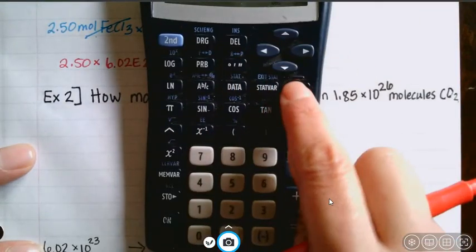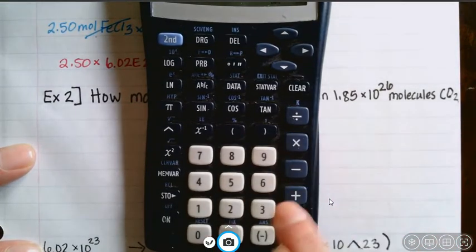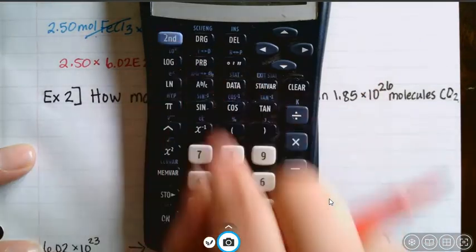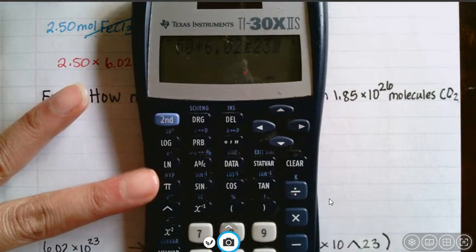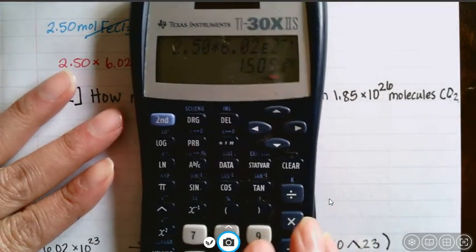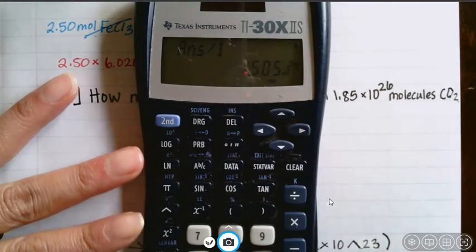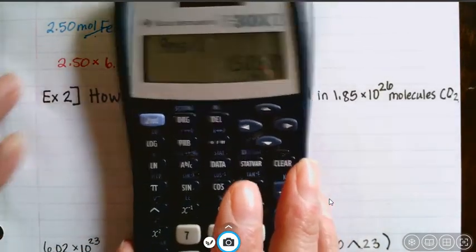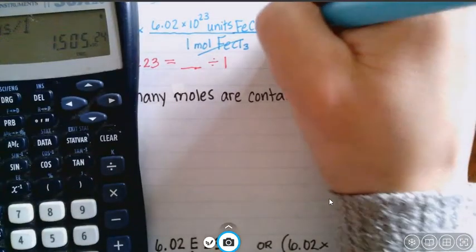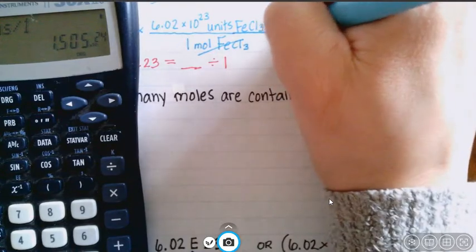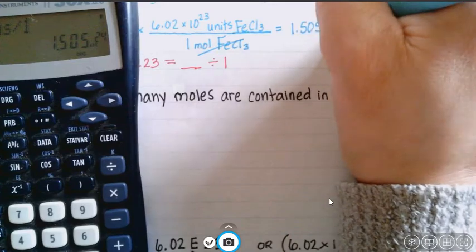Let me show you what that looks like in here. 2.50 times 6.02 E 23. I hit enter, and I divide by 1. It's dividing by 1, so it's the same thing. All right, so I'm going to write that number down: 1.505 times 10 to the 24.